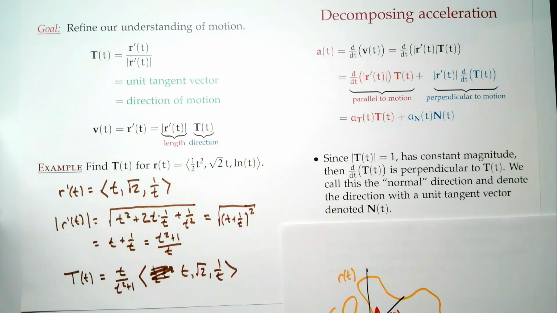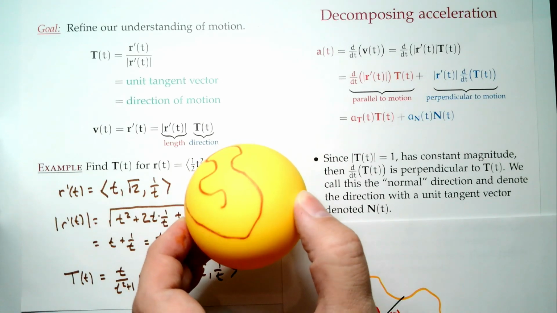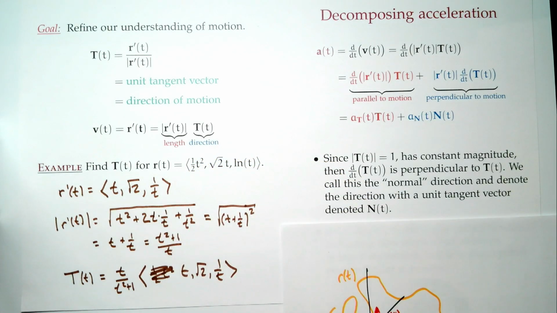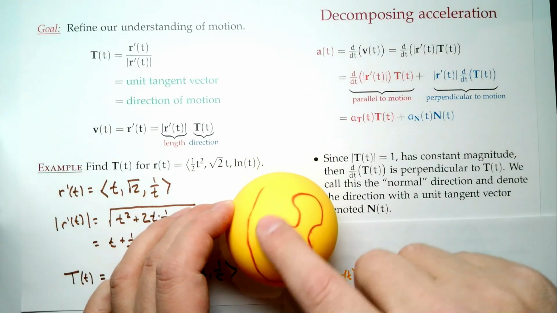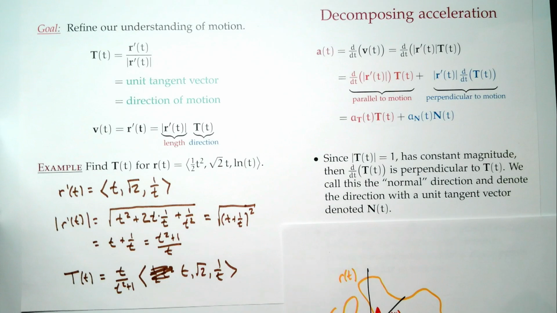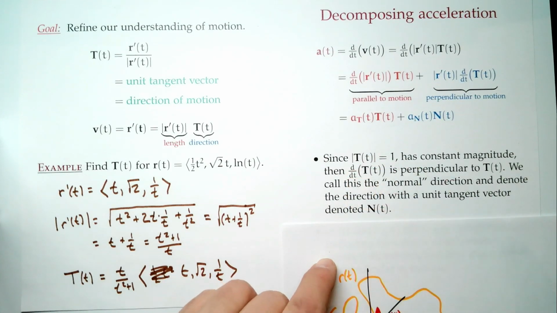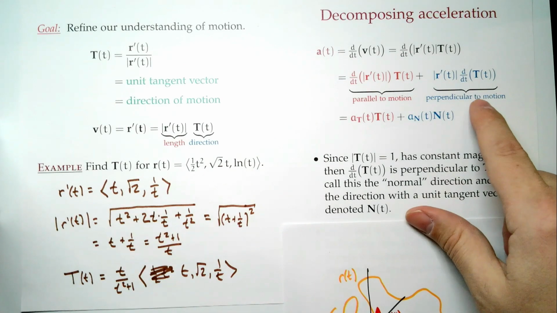You might remember that we talked about it when we had a ball. If I move on the surface of a ball, my motion is perpendicular to my location. The fact that I'm always magnitude 1, I can think of as a vector on the surface of a ball. So that's why we know that the derivative is perpendicular to motion. That's the justification for this claim.